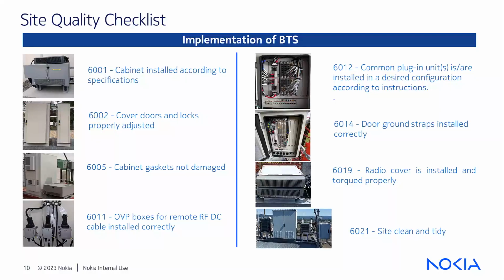Common plug-and-play unit is installed in the desired configuration according to instructions. Door ground strap installed correctly. Radio cover is installed and torqued properly. Site is clean and tidy. These are a few examples from the checklist which are used by an assessor or an auditor while performing quality checks.